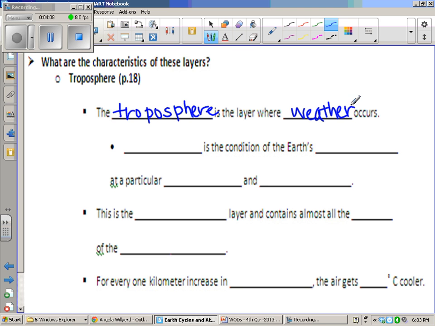Now, we've talked about weather already in this unit. So as a reminder, we know that weather is the condition of Earth's atmosphere at a particular time and place. And this occurs in the troposphere, which is where we live right now.